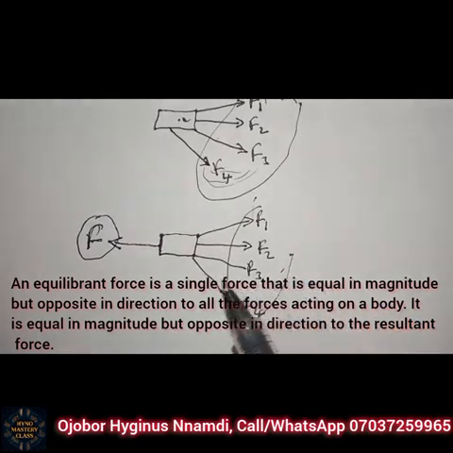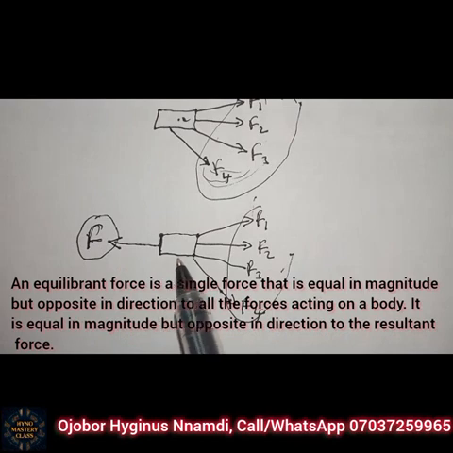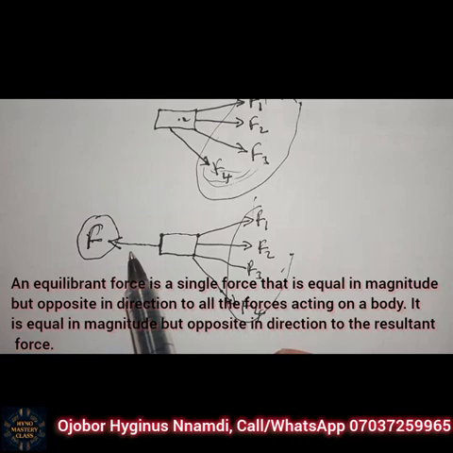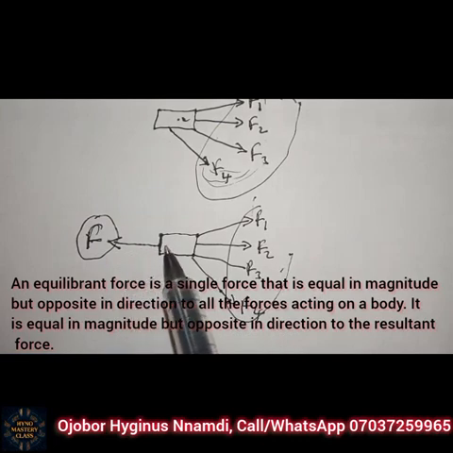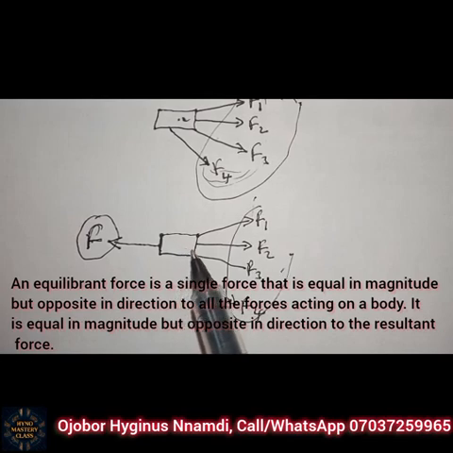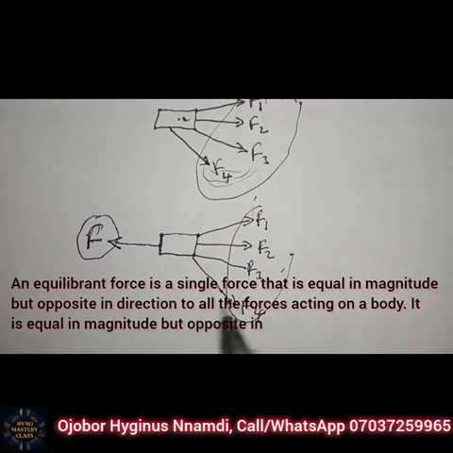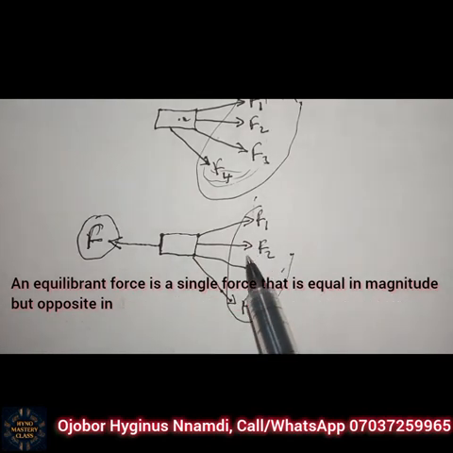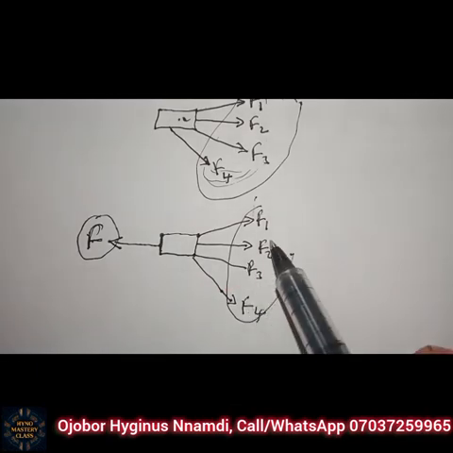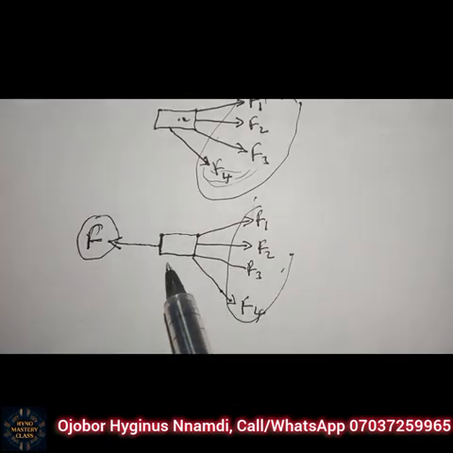So an equilibrant force is a single force that is equal in magnitude but opposite in direction to all the forces acting on a body at a point, or to the resultant force. That is the equilibrant force. The resultant force acts in the same direction as all the forces put together and is equal in magnitude, while the equilibrant force is opposite in direction.